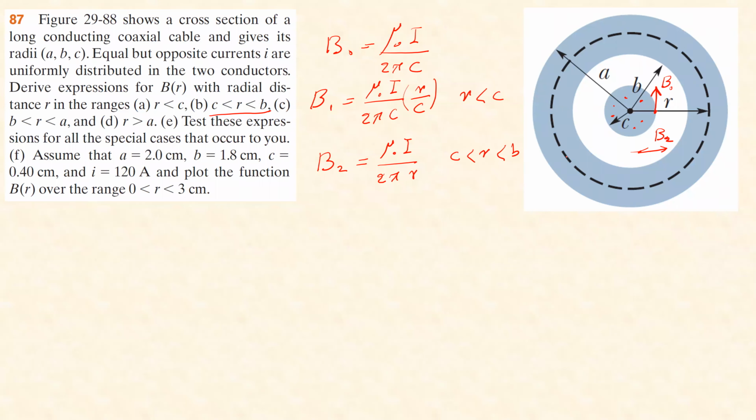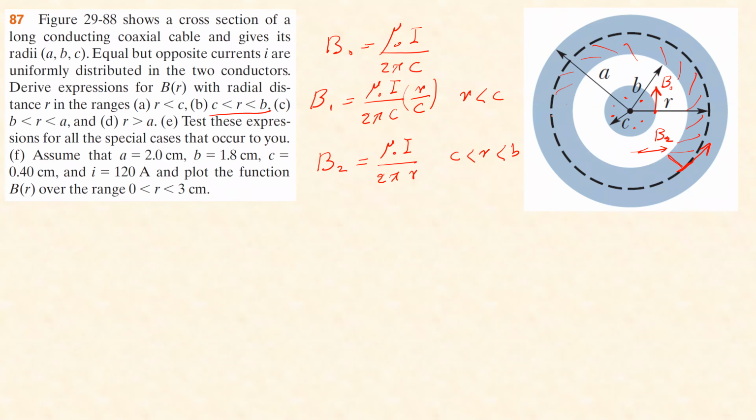So that's part B. Part C, it says R between B and A, means at this point. At this point, the magnetic field is composed of the magnetic field of the middle one plus the magnetic field created by this part of the wire.